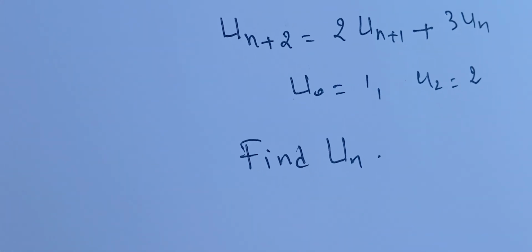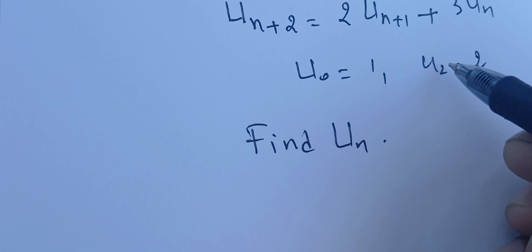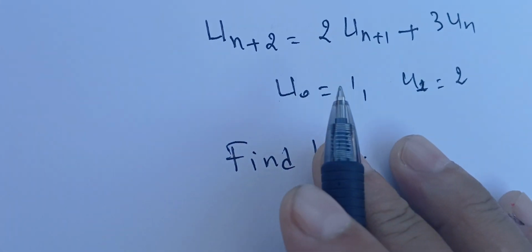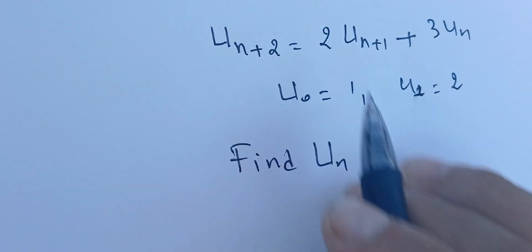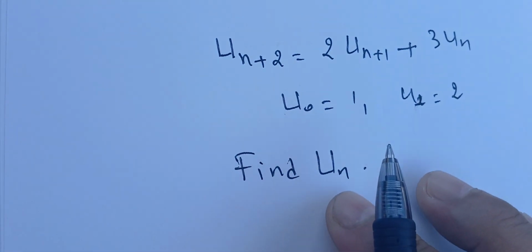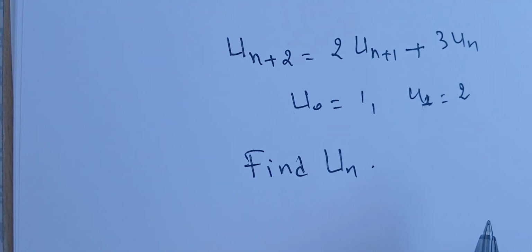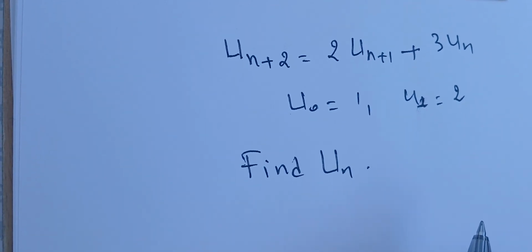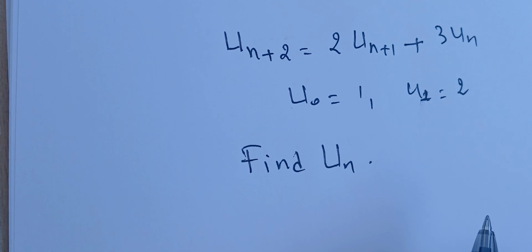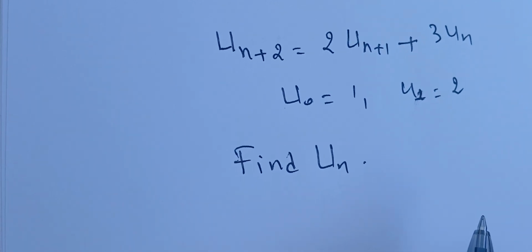The general idea to find u_n is solving the characteristic equation and finding a combination of the solutions. So that's what we're going to do here.